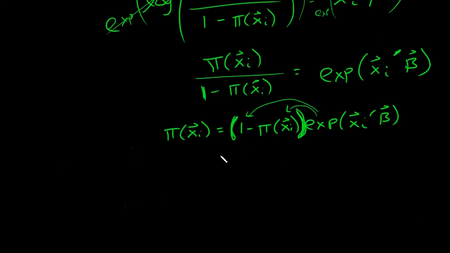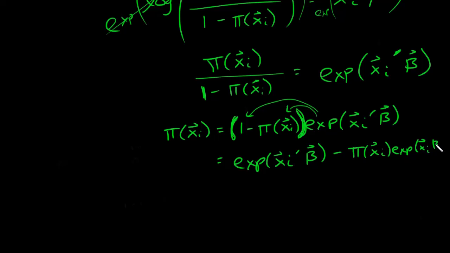So this equals e to the power of xi transpose times beta minus pi of xi times e to the power of xi transpose times beta. All I've done is distribute.